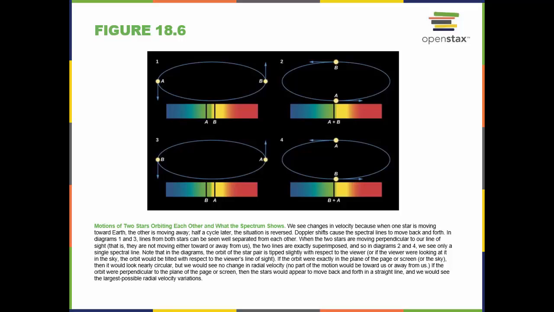So A's spectral line gets red shifted and B's spectral line gets blue shifted. By looking at these spectra, we can now see that there really are two stars, and we can also get some idea of their radial velocity by looking at their Doppler shift.